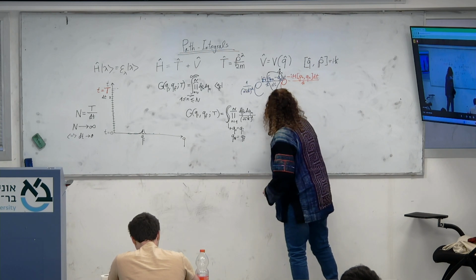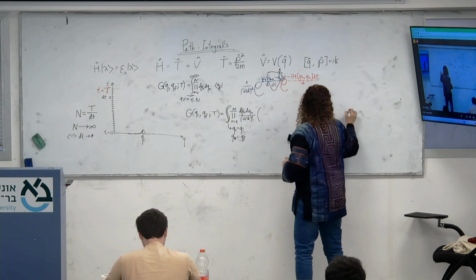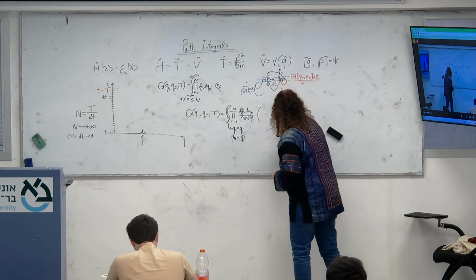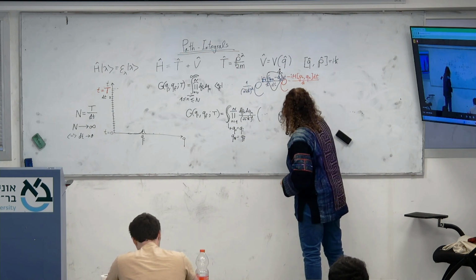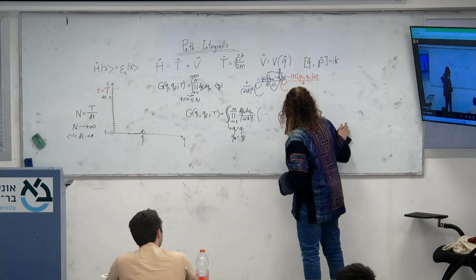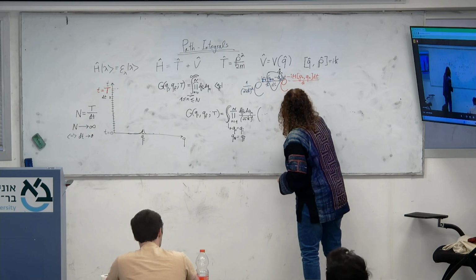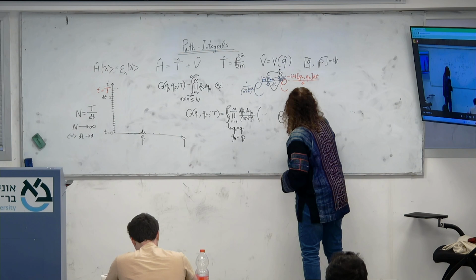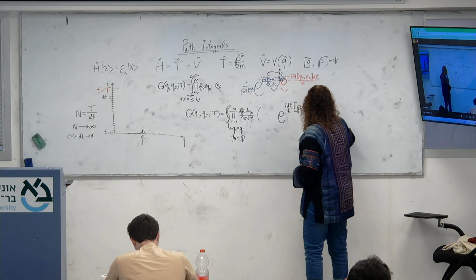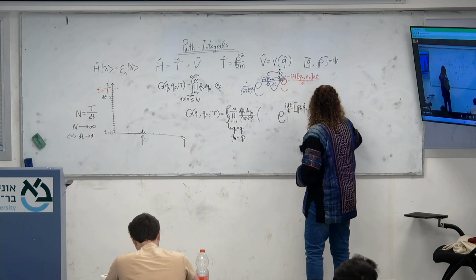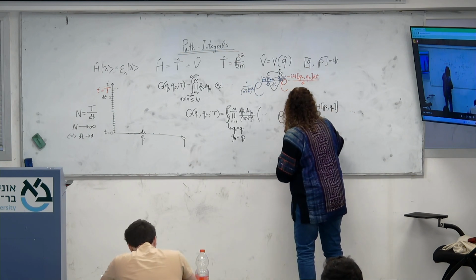And what I have in the middle is a product of all sorts of things, but in the nth step, I have e to the I dt over h bar of p_n q_n dot minus H of p_n q_n.